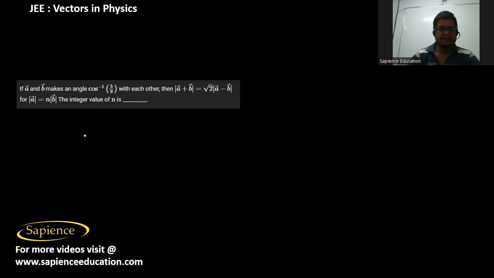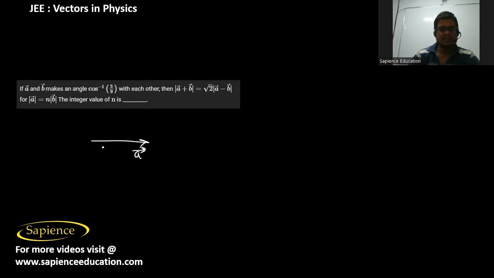Then here it is told, if vector A and vector B make an angle cos inverse 5 by 9 with each other, and the magnitude of A plus B is root 2 times the magnitude of A minus B, for magnitude of A equal to n times magnitude of B, then the integer value of n is.